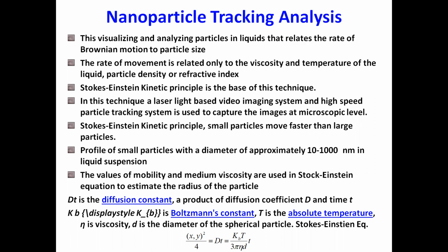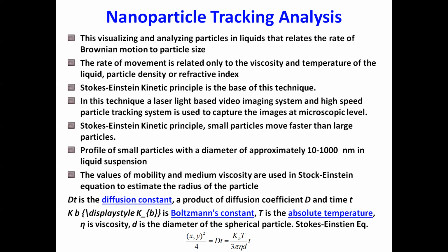In this technique, a laser light-based video imaging system is integrated with this setup, and a high-speed particle tracking system assists to capture the image at a microscopic level. The Stokes-Einstein kinetic principle says that small particles move faster than large particles.